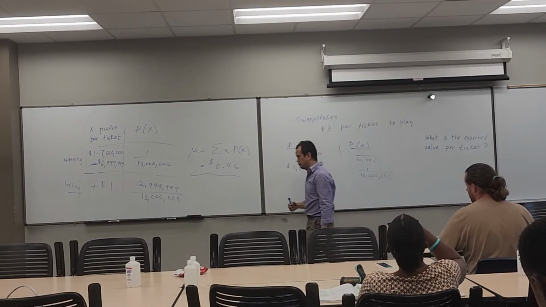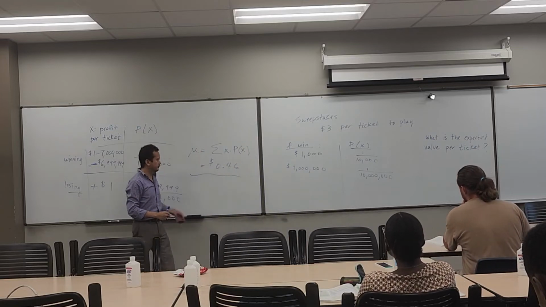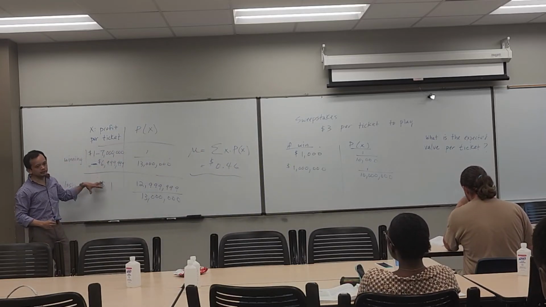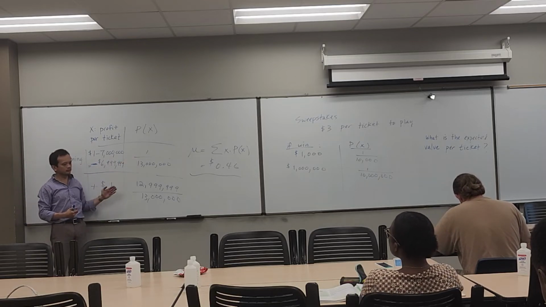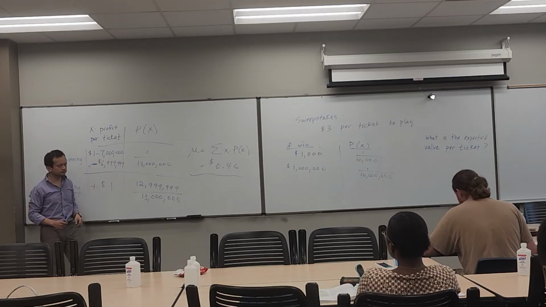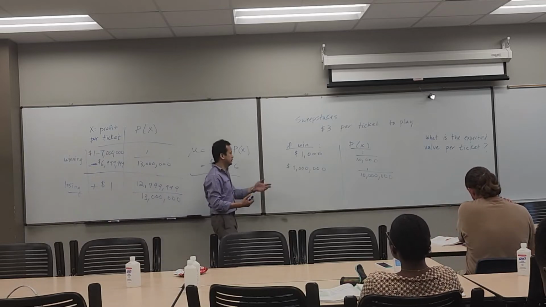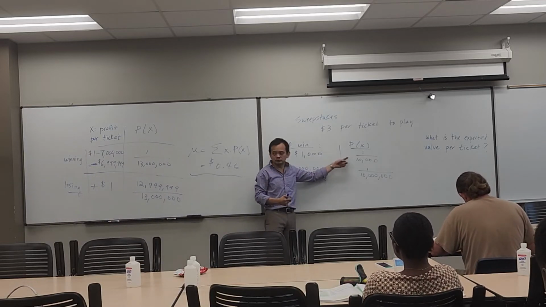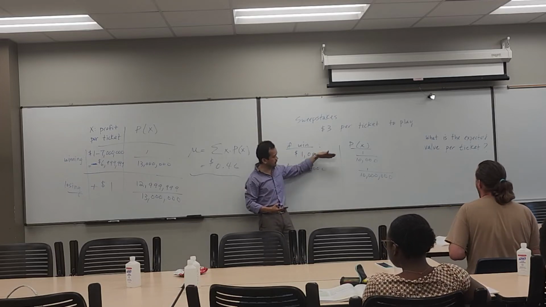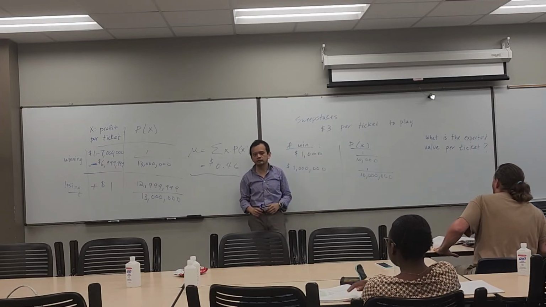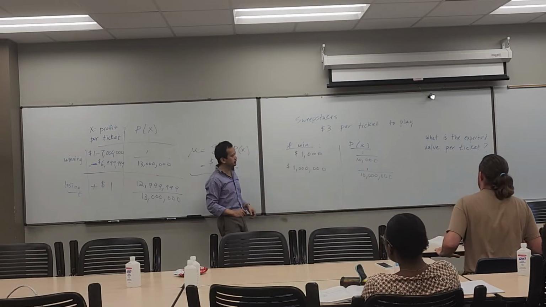So, in both of the previous examples, when we talked about expected value, basically we set up a probability distribution table, and then we multiplied each row together, and then we summed those all up. So the question is, it looks like we have a probability distribution here. Can you just multiply these two rows together, and then add these two up? Would that give you the correct expected value per ticket?